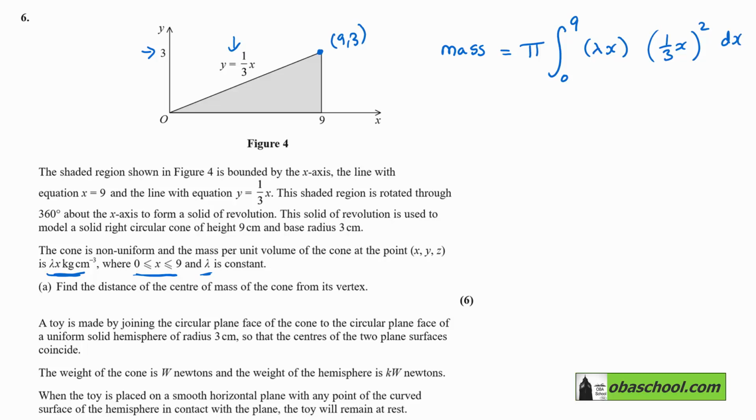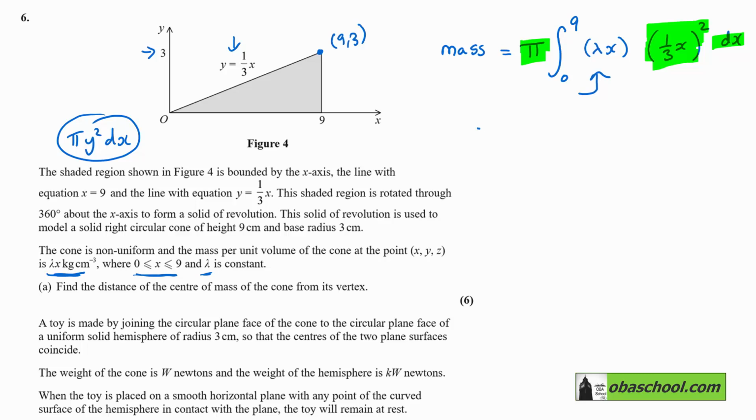Now the pi and the (1/3 x) squared dx is just the usual volume of revolution, pi y squared dx. The lambda x has to come in here because of the non-uniformity. We're just doing mass equals density times volume.